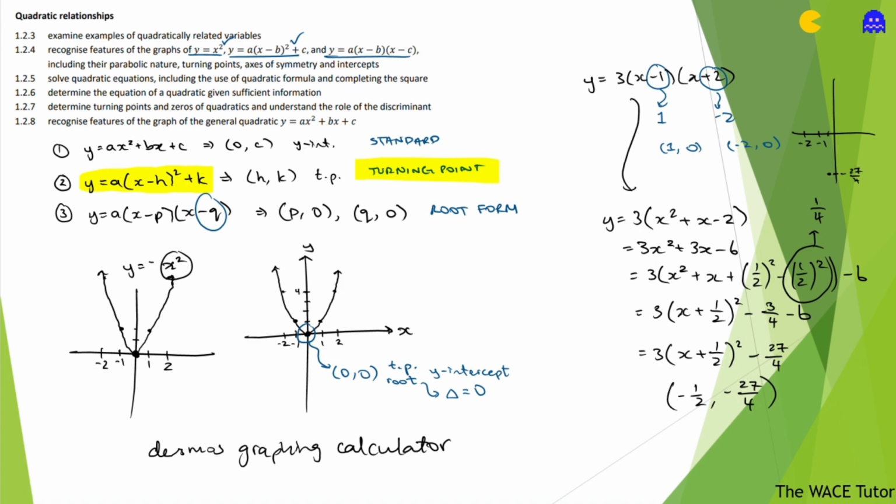And so we know it's at -1/2, -27 on 4. We also know that we have a root at 1, 0 and 2, 0. If we look at this, we also see that we have a y-intercept at y equals -6. So I'll put that y equals -6 here. And so we can write out our quadratic just like this.